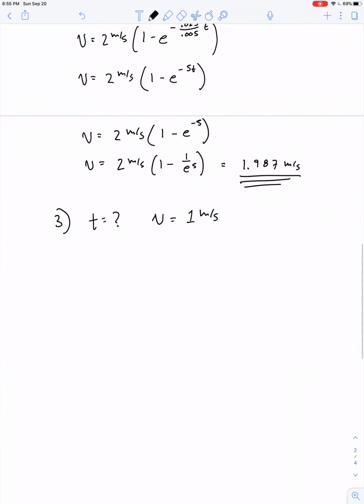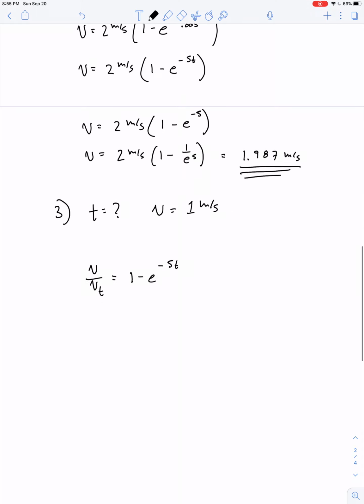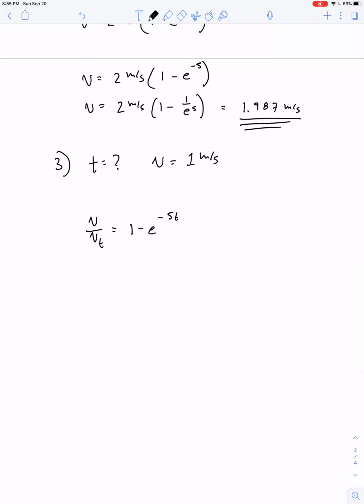Okay, well, we'll just rearrange the equation. So v divided by v terminal is equal to 1 minus e to the negative 5t, or e to the negative 5t is equal to 1 minus v divided by v terminal, or negative 5t is equal to the natural log of 1 minus v divided by v terminal.